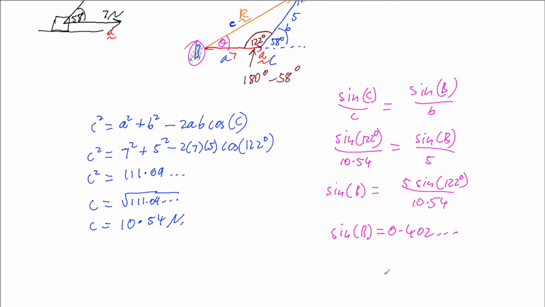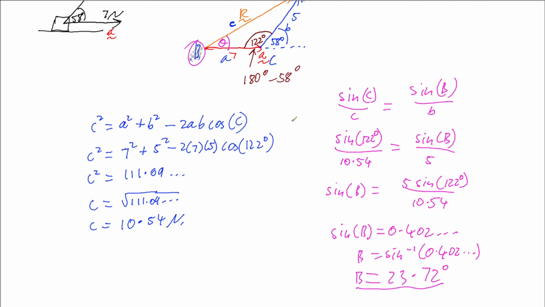So our sine B equals 0.402 and some stuff. And then our angle B is going to be the inverse sine, or the arc sine, of that, which means that my angle is 23.72 degrees. So there we have it.